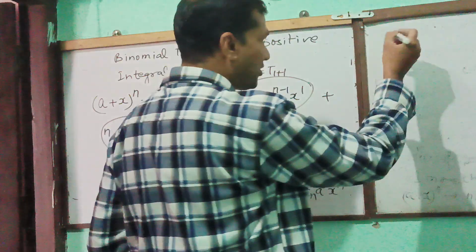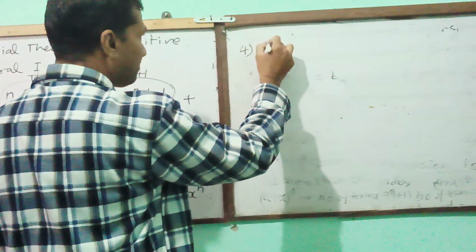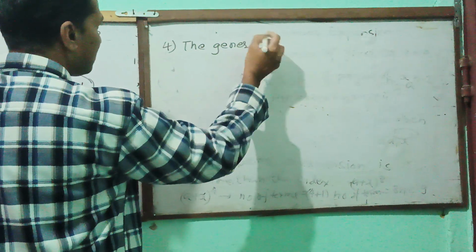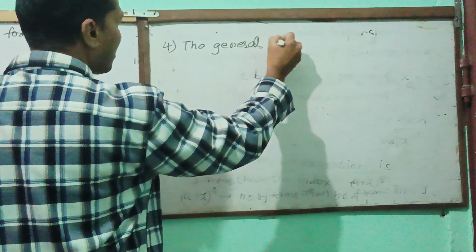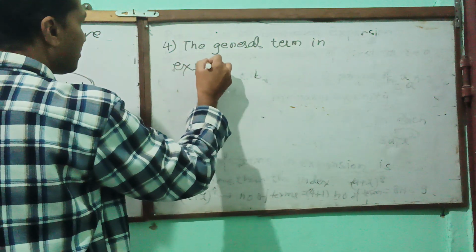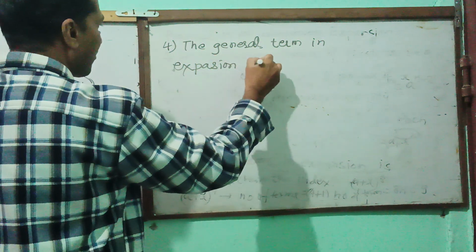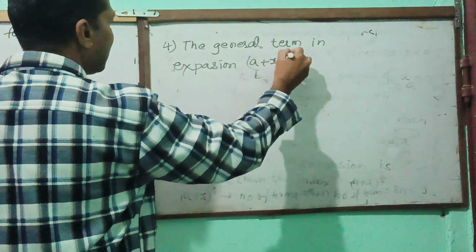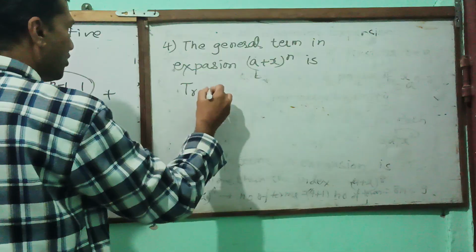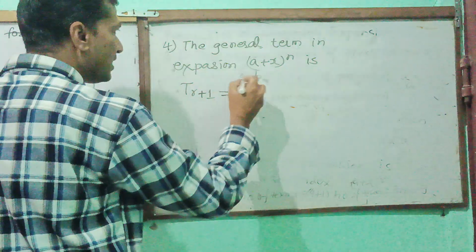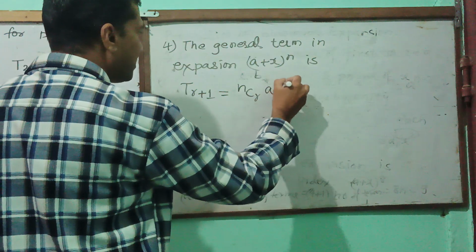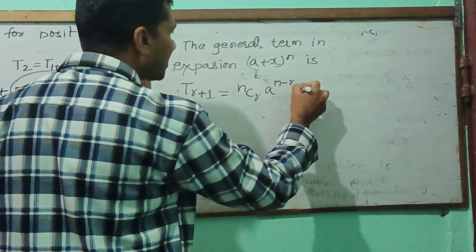So the fourth one, property 4. The general term in the expansion of a plus x to the power n is T(r plus 1), which is nCr a to the power n minus r and x to the power r.